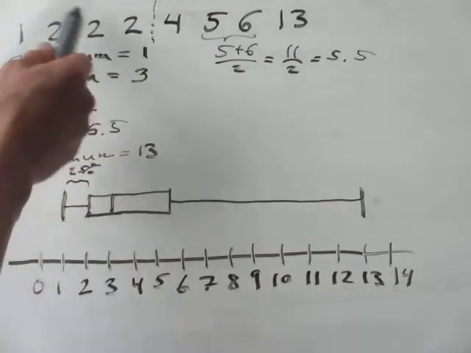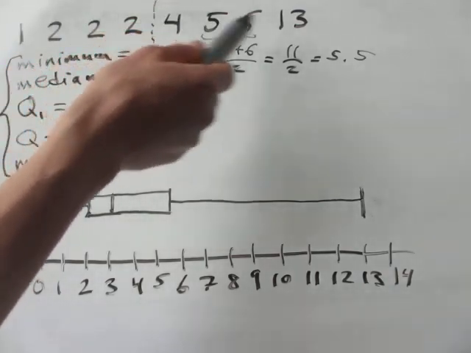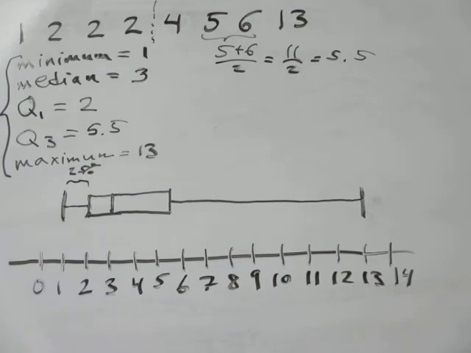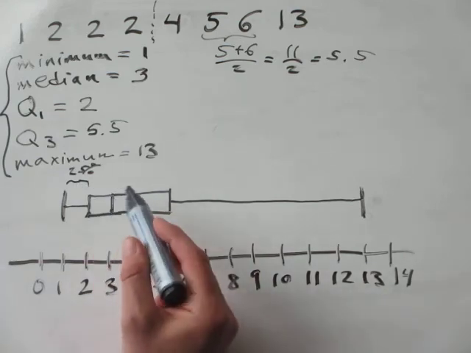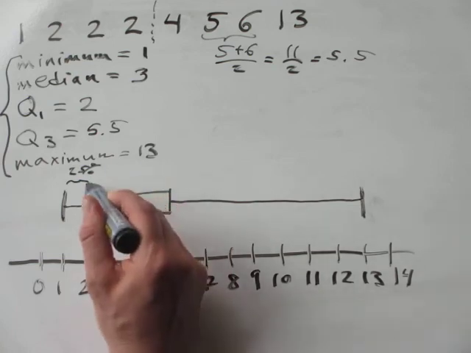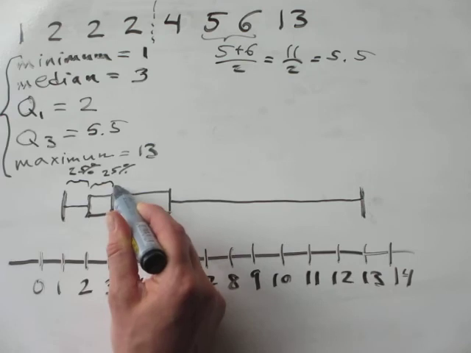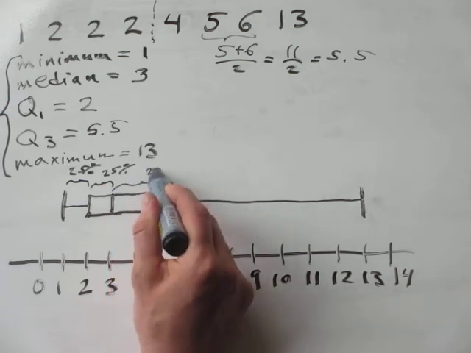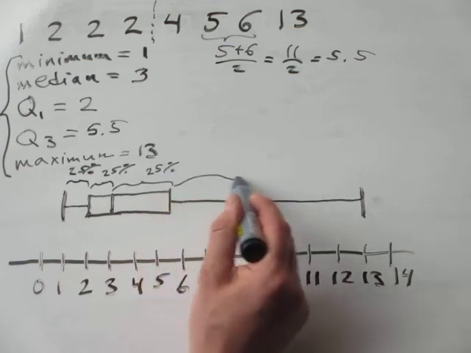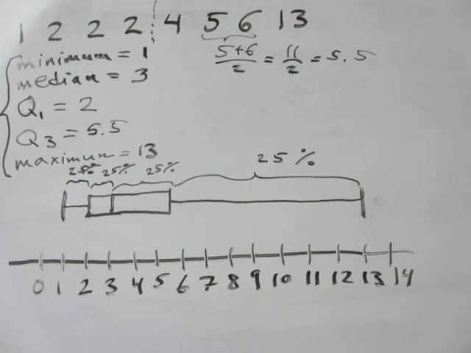If you then cut each part in 2, then you will have 25%, 25%, 25% and 25%, right? So here we have 25%, and from the lower quartile to the median, we also have 25%. And from the median to the upper quartile, 25%, and here also 25% of the data points.